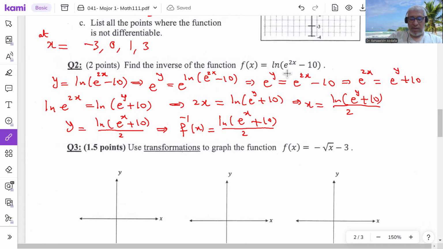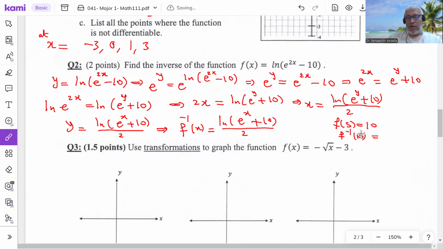And taking ln, I'll have 9.999. So in fact, f of 5 is 10. This is just for checking. So f inverse of 10 is supposed to be 5.